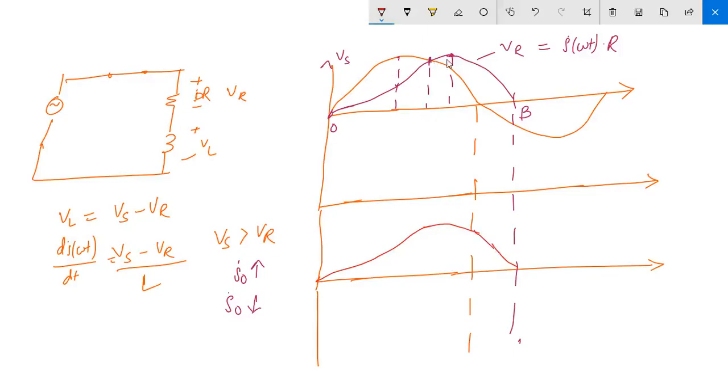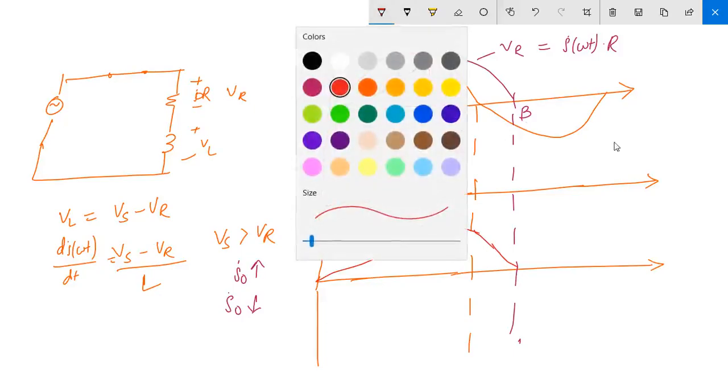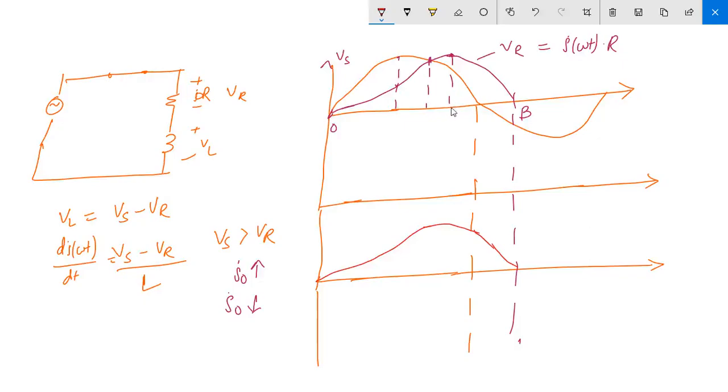Okay, so this is how you can draw the characteristics. The peak value occurs here, and here the rate of change is getting constant. Okay, so the conduction starts from 0 to beta, and this is for i(ωt).